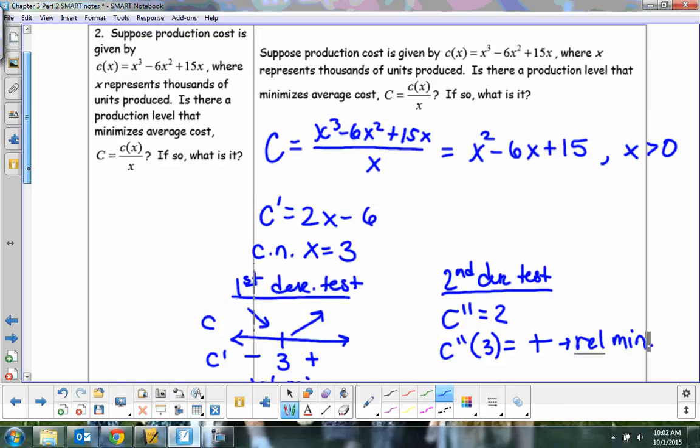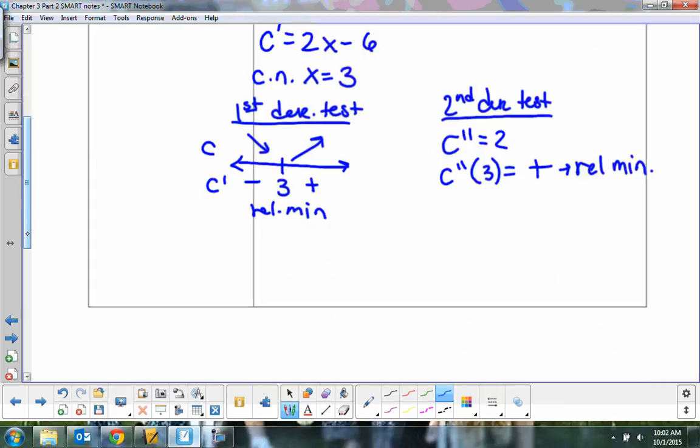This is a production level that minimizes average cost. So yes, it occurs when x equals 3, right? Which is actually 3,000 because it said 1,000.